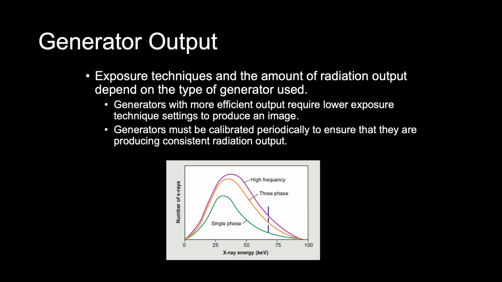But we're looking at the kilo electron volt. Generators with more efficient output require lower exposure techniques to produce an image, and generators must be calibrated periodically to ensure that they are producing consistent radiation output.